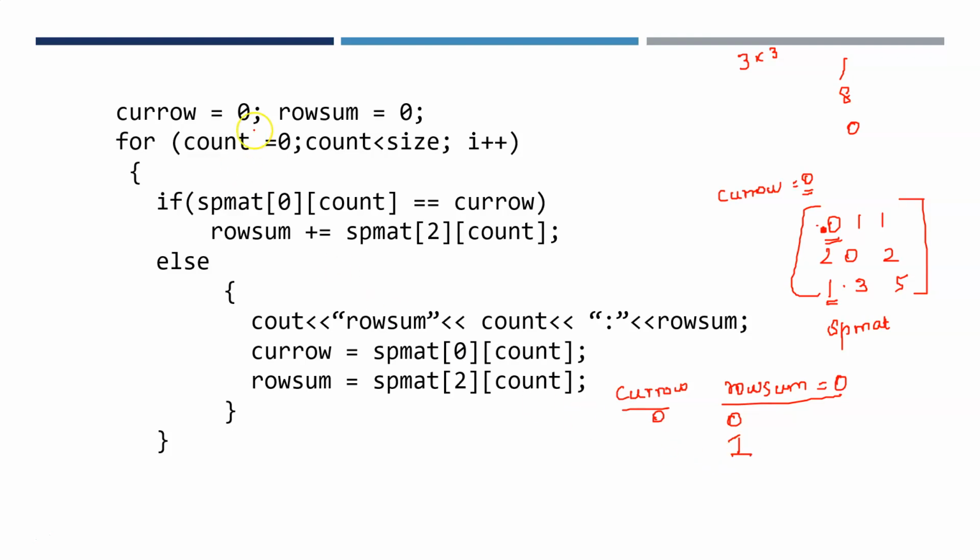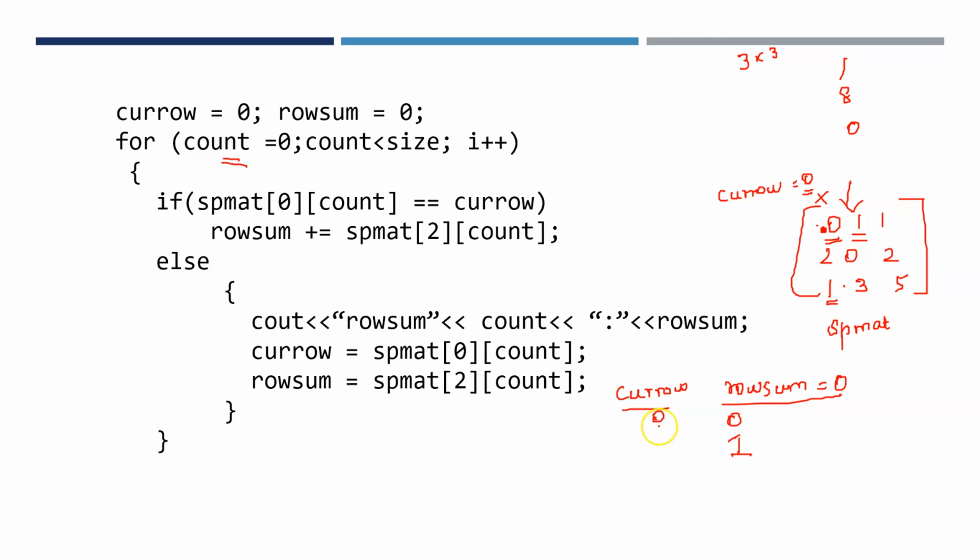Now it goes to the next for loop. I go to the next non-zero element, that is this triplet. I finished off this triplet and now I am coming to the next triplet. Now I am checking whether this row is equal to the current row. But the value here is 1, and my value here is 0.